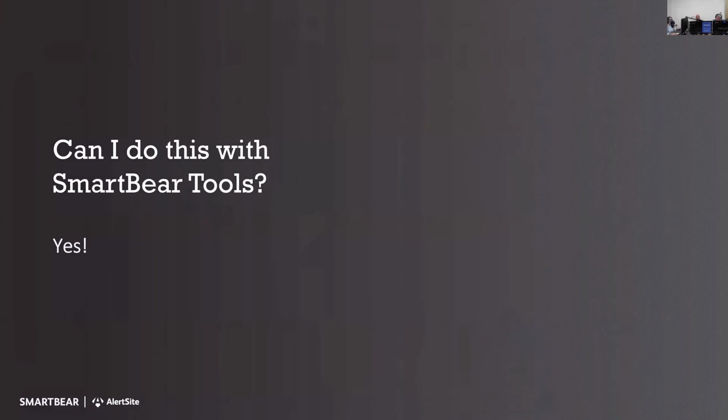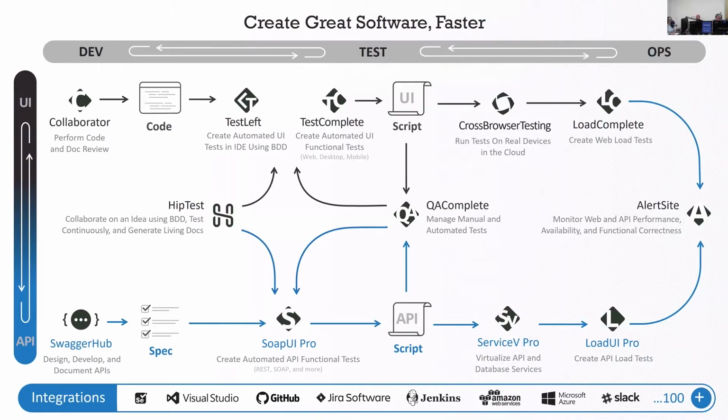I know that a couple of you are actually SmartBear customers, but just to give a quick overview of what SmartBear does and the types of products in our portfolio. We have a variety of products going from UI to the API layer.